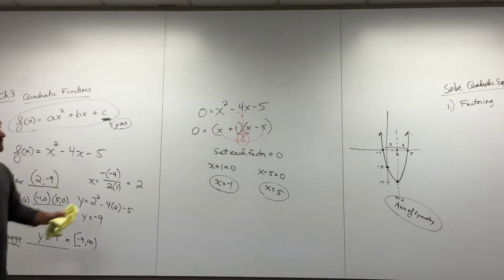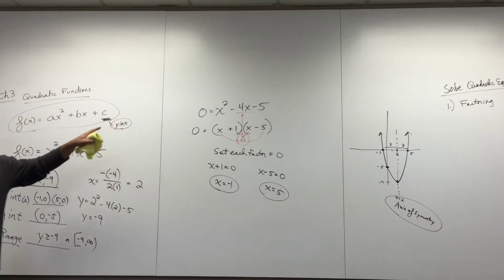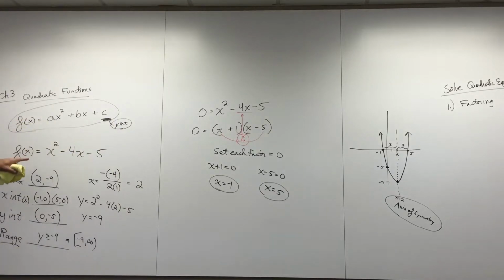Any questions? Are we going to have all of them be just one as the coefficient for the x squared? No. Okay. Any other questions? That would be whenever you couldn't just change the sign on the x-intercept, right?